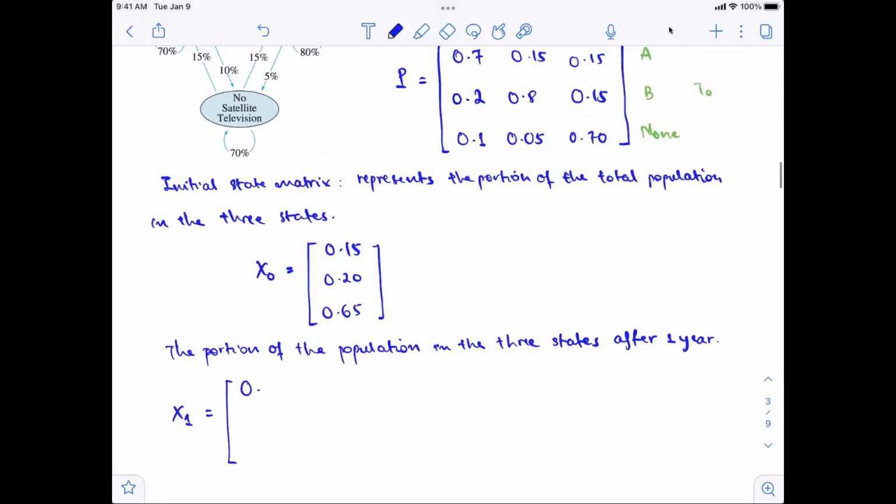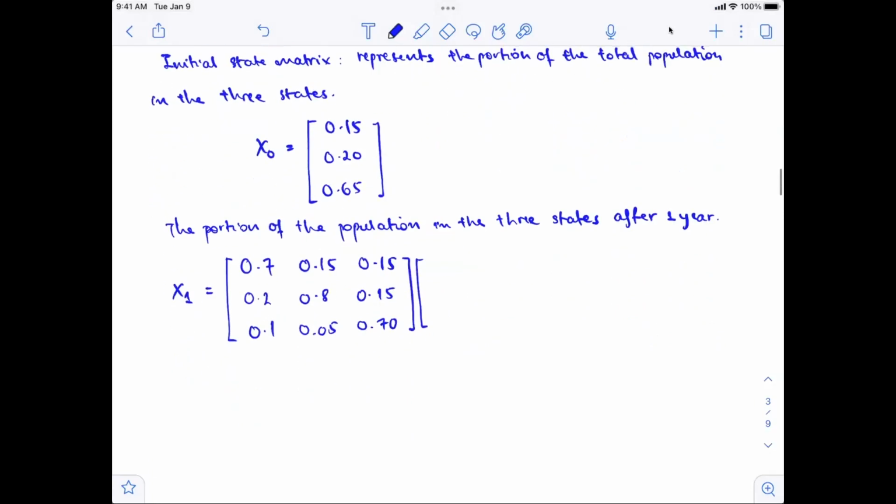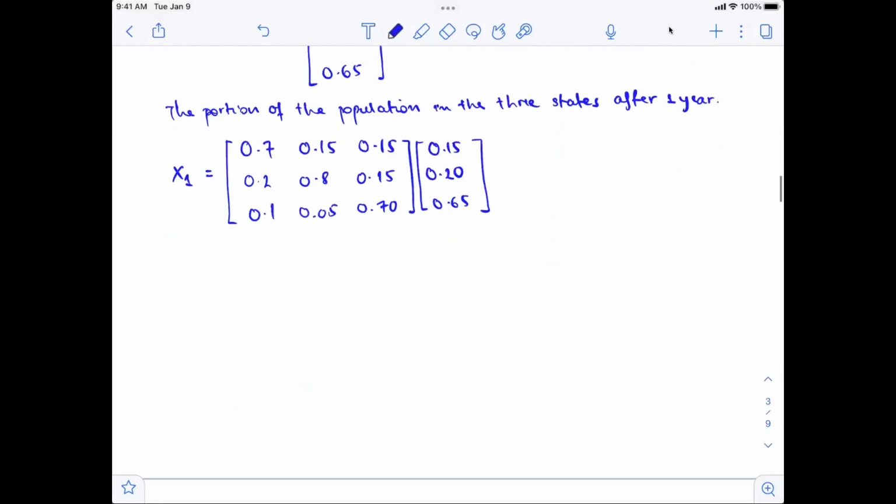So you have 0.7, 0.15, 0.15, 0.2, 0.8, 0.15, 0.1, 0.05, 0.70, multiplied with the portion of the population in the three states at the beginning: 0.15, 0.20, 0.65.